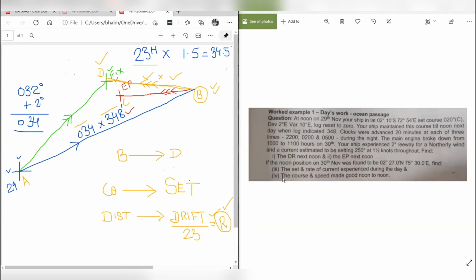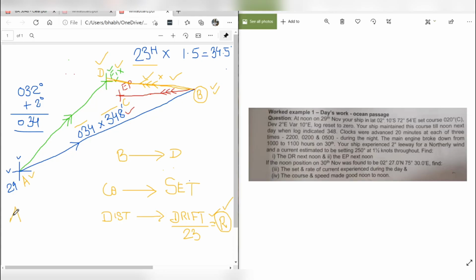Now the next thing they want us to find is the course and speed made good, known to known. Okay, so this is easy. The course and speed made good known to known is basically the green color vector from A to D, alpha to delta. We have the latitude and longitude of alpha, given to us in the question. We have the latitude and longitude of delta, again given in the question. So using these two positions, you find out the course and distance between them.